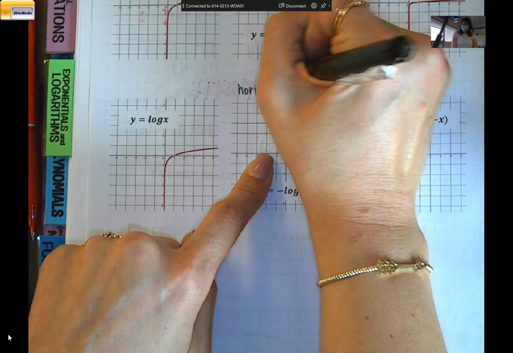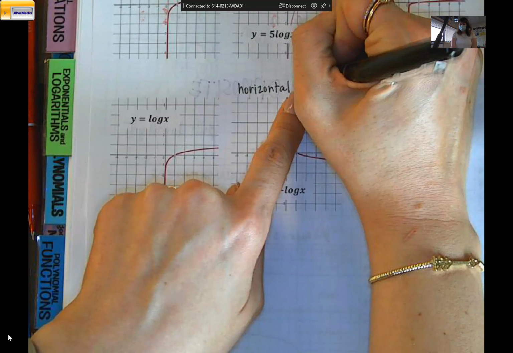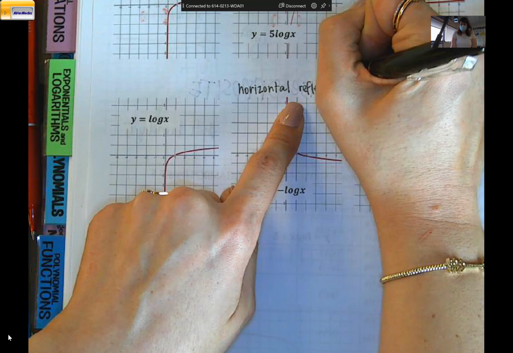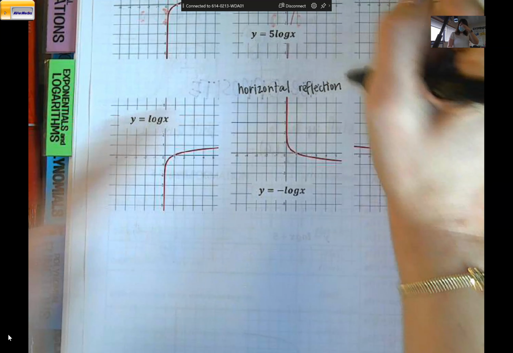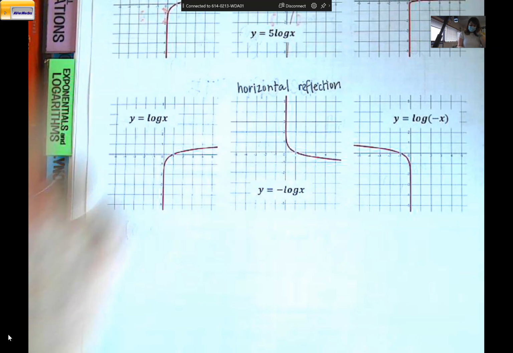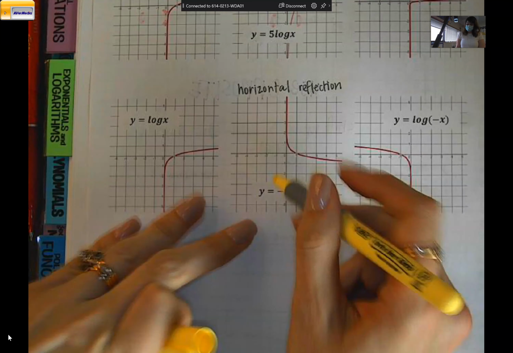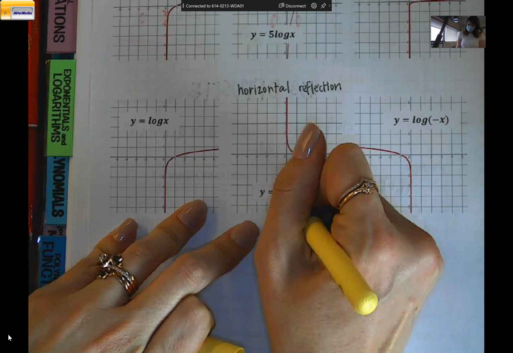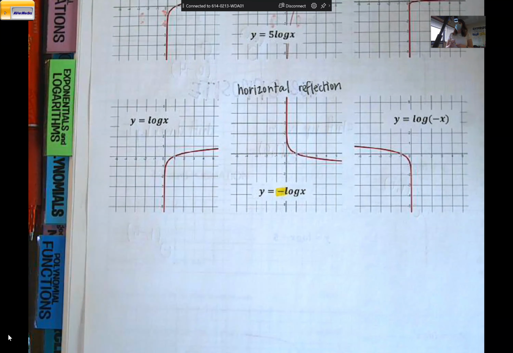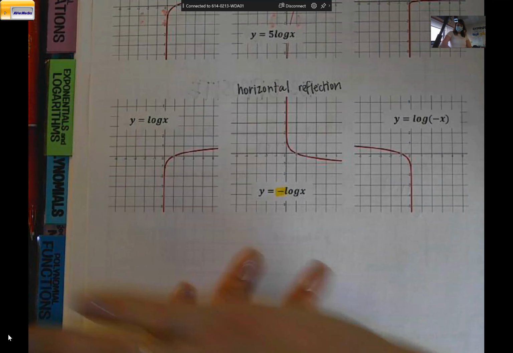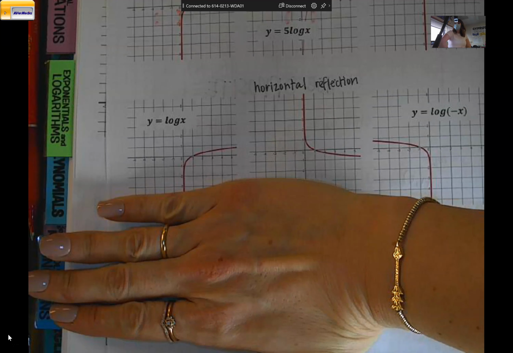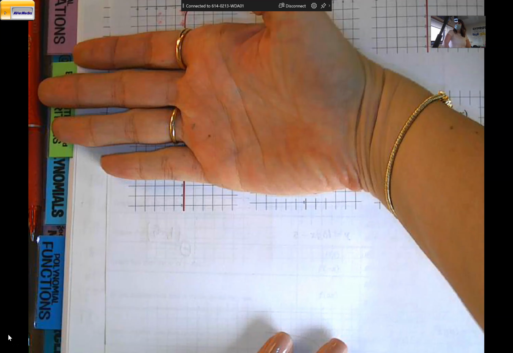The first one with the negative on the outside is a horizontal reflection. I'm going to highlight where that negative is because it matters. This is the reflection that we're used to. So we're used to seeing a function and flipping it horizontally like this.